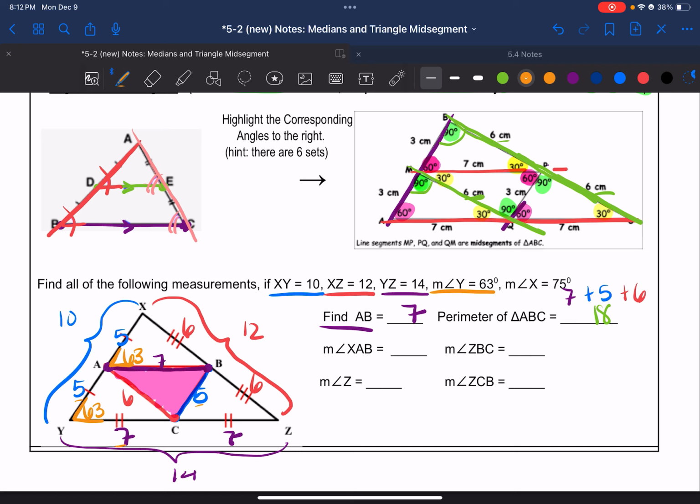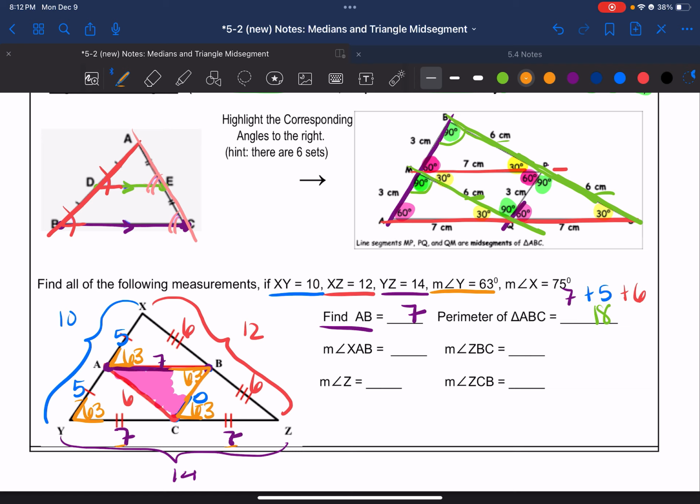So if we go here, there's 5 and there's a 7, so this angle right here is also 63 degrees, and then 5 and 7 is 63 because of the alternating interior, and I'm going to erase that and put that in there as well. So 63 right in here.